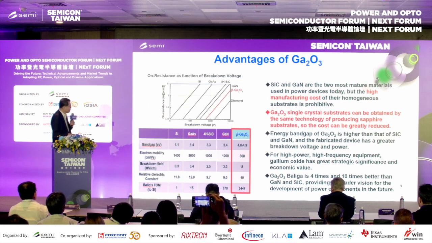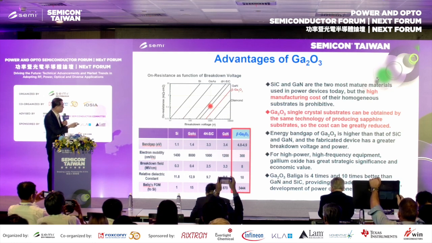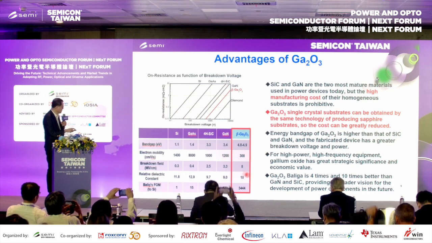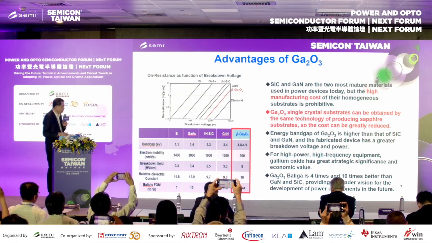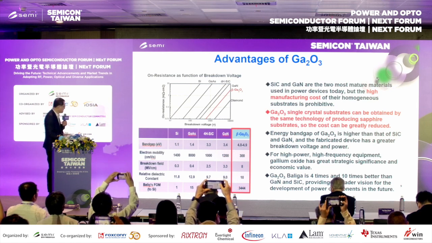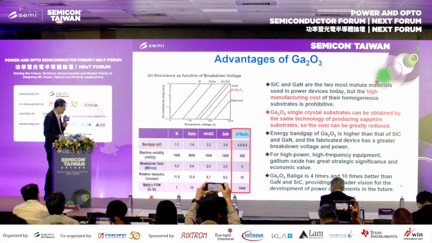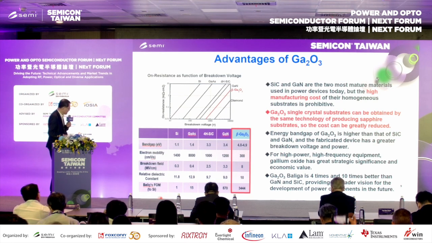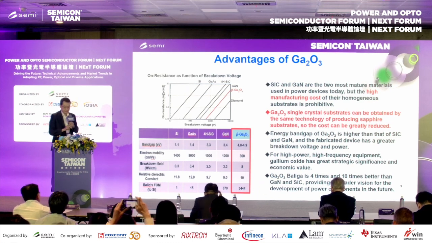Here you can clearly see the gallium oxide breakdown field and electron mobility. One special item is the Bandgap FOM. As compared to silicon, the Bandgap FOM is over 3,000.